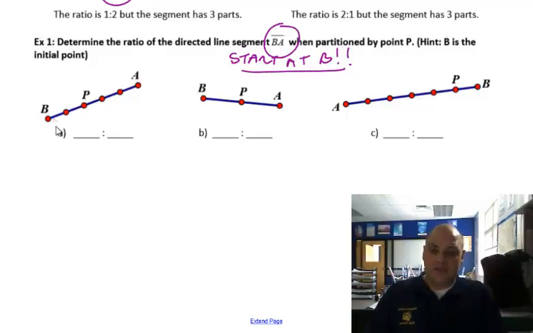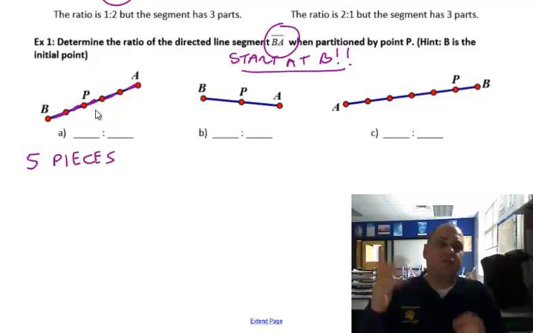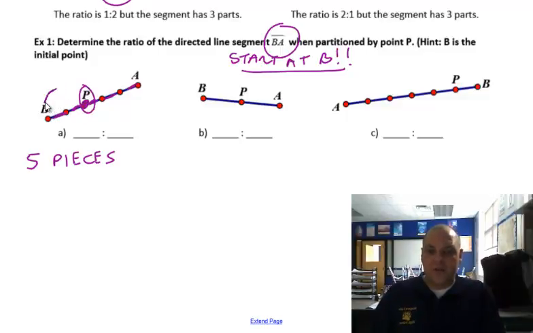So we have to find the ratio. Starting at B, first of all, how many pieces are there? 1, 2, 3, 4, 5. There are 5 pieces, so my ratio has to add up to 5. It's either 3:2 or 1:4, something like that, right? Well, here's point P. There are 2 pieces here, and there are 3 pieces here.